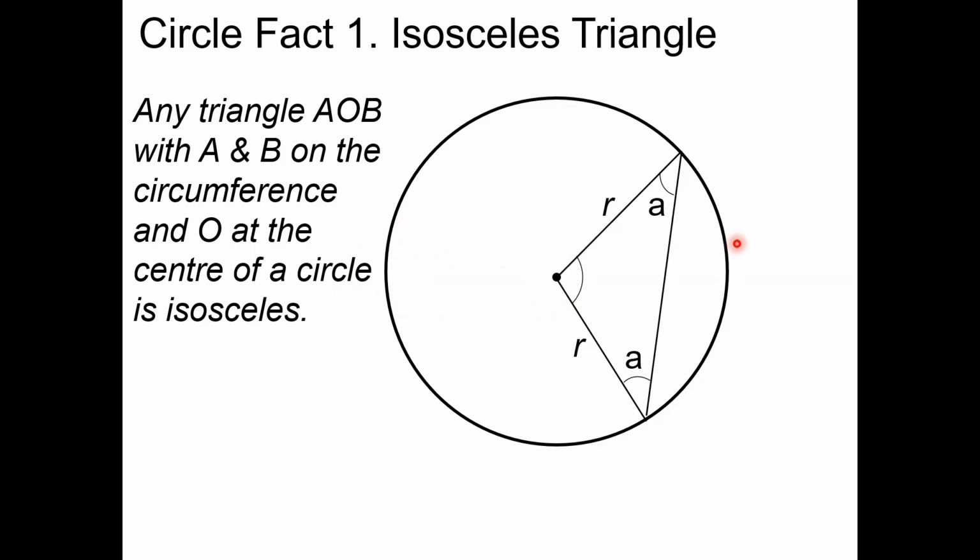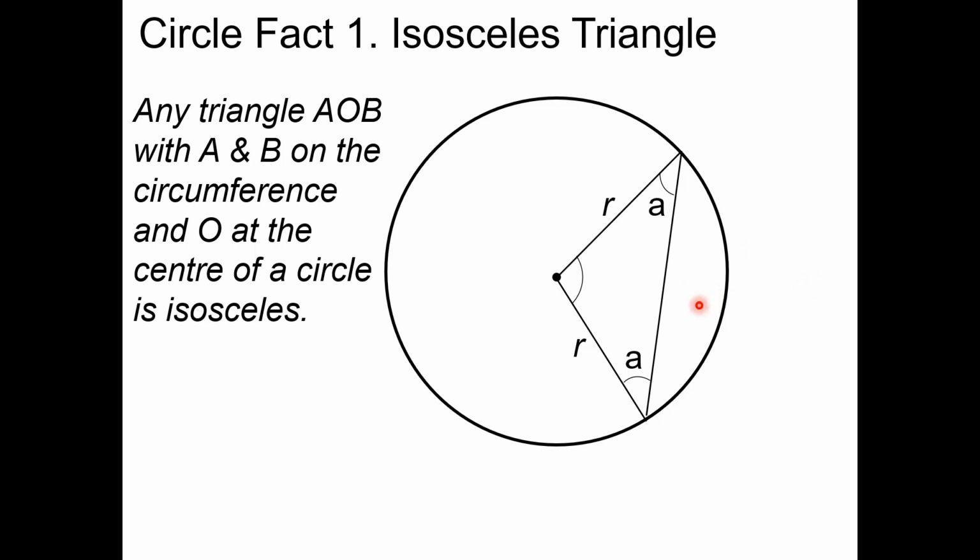These facts state that any triangle AOB with A and B on the circumference and O at the center of a circle is isosceles. Now what we are saying is that anytime you have a triangle, that is triangle AOB, with A and B on the circumference, so we have A here and we have B here, and we have O at the center, then it is an isosceles triangle.